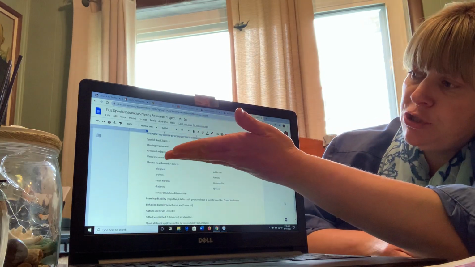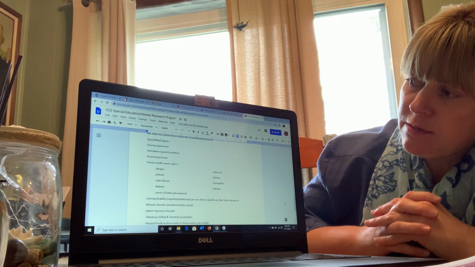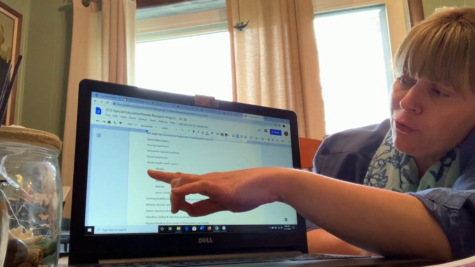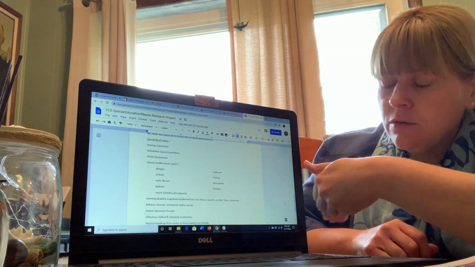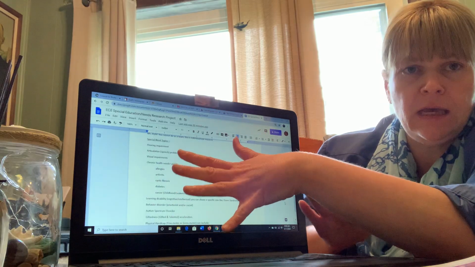So you can choose hearing impairment, articulation speech problems, or visual impairment. Chronic health needs, there are several listed here. You want to pick one because to write about all of them would be a lot.